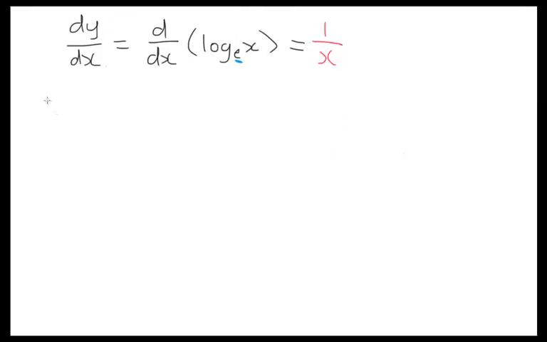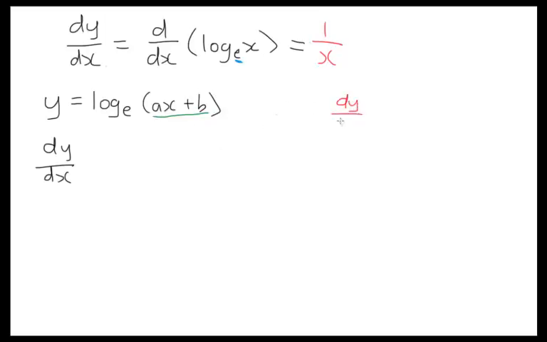Suppose we now have y is equal to log base e of ax plus b, and we want to find the derivative. Now we can instantly see that what we have inside the brackets is ax plus b, and that's not equal to x. In that case, we can't apply our basic formula. If you remember back to the differentiation laws, whenever that happens, we need to apply the chain rule.